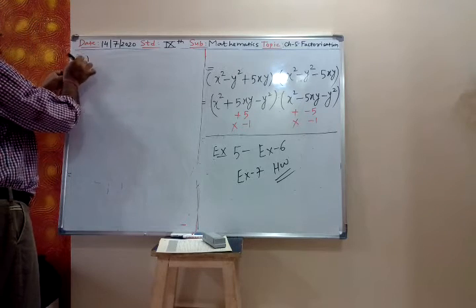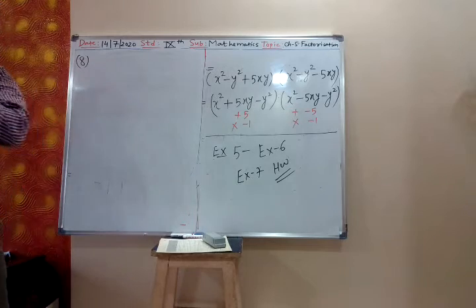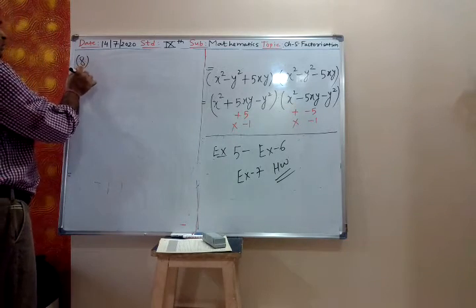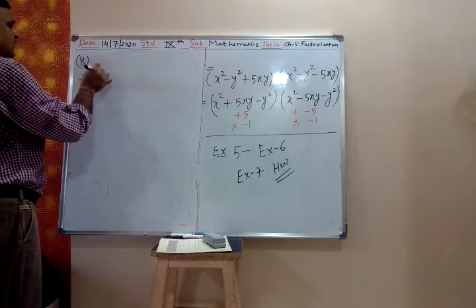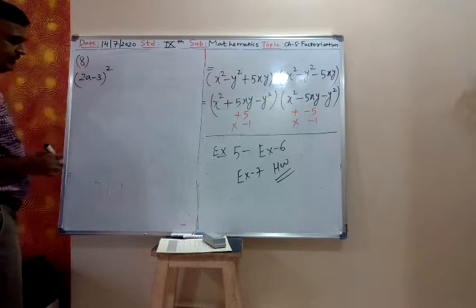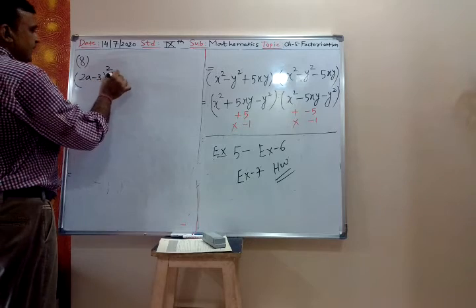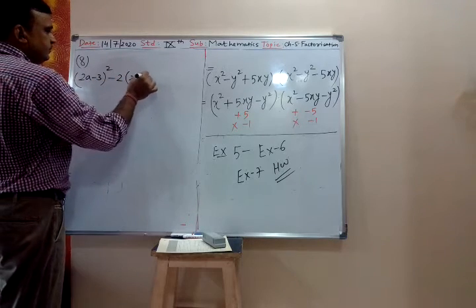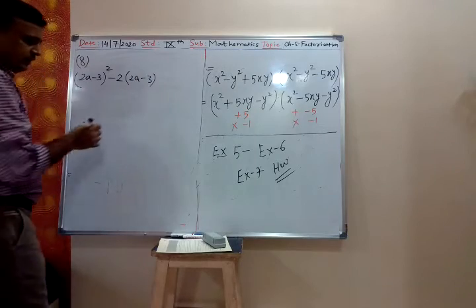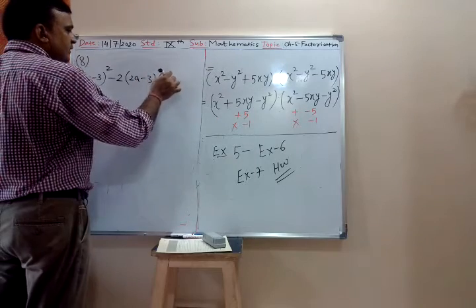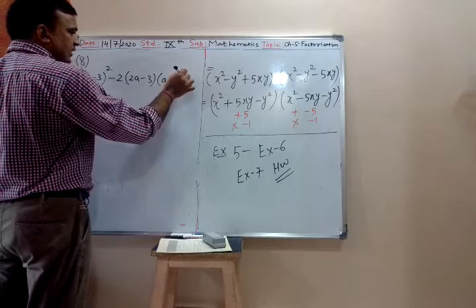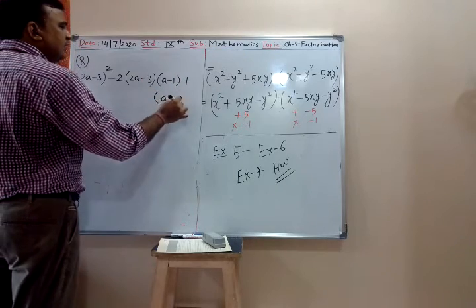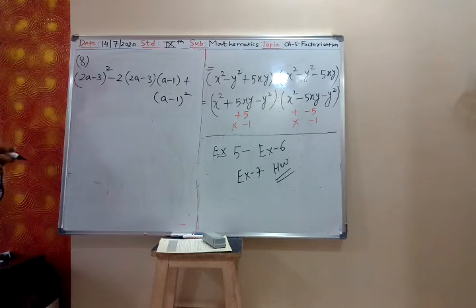So 8 I will do, then 9 and 10th I am going to give as homework. So 8: 2a minus 3 whole square minus 2 into 2a minus 3 into a minus 1 plus a minus 1 whole square.